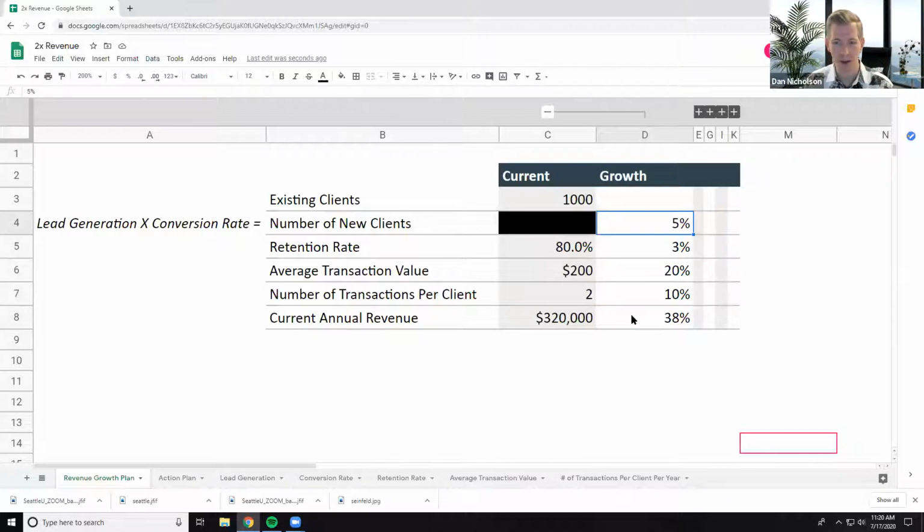So for sake of this example, we're going to grow our client base by 5%. And we're going to increase our retention rate by 3%. We're going to increase how much we charge by 20%, and we're going to increase the average number of transactions by 10%. But I could change this from 3 to 5, so on and so forth.